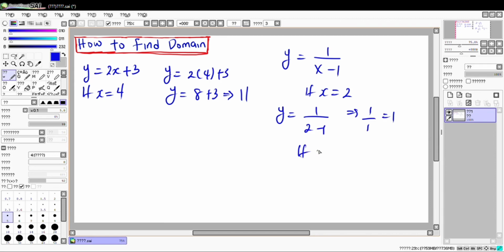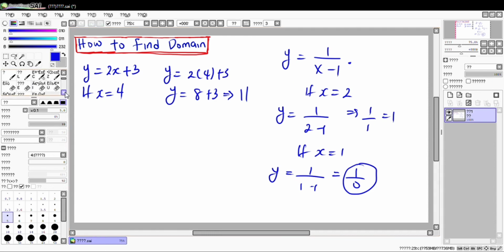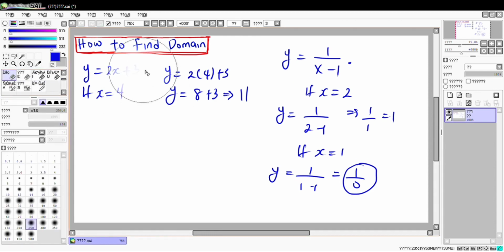Now, if x is equal to 1, you have y equal to 1 over 1 minus 1, and that will give us 1 over 0. At this point, y is not defined. So at x equal to 1, y is not defined for this equation. Now, let's come back to what we want to do. Remember, I defined domain as the set of values that will make a particular function to be defined.